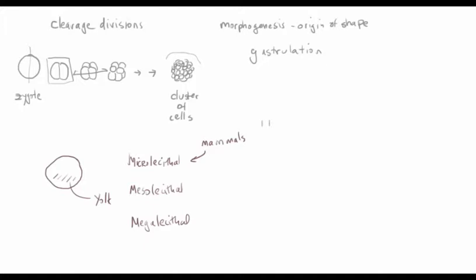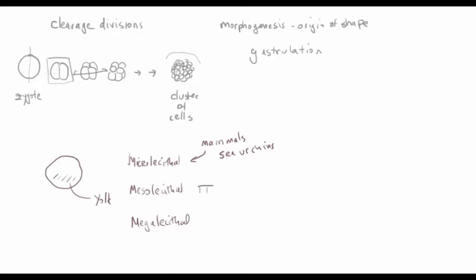So for placental mammals, the total amount of yolk that's required to be there in an egg is very little, and those are microlecithyl. In some other kinds of organisms, like in sea urchins, for example, you don't need to have a whole lot of yolk because after gastrulation, the embryo differentiates and it starts to feed as an aquatic larval form. It basically becomes a little zooplankton and it feeds until it's ready to metamorphose into something that looks more like a sea urchin.